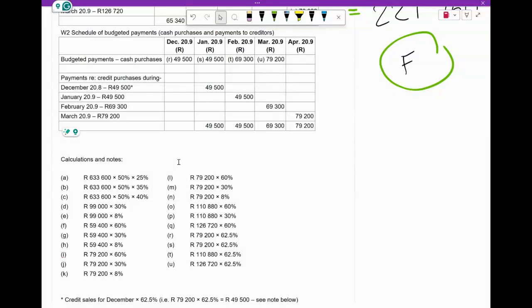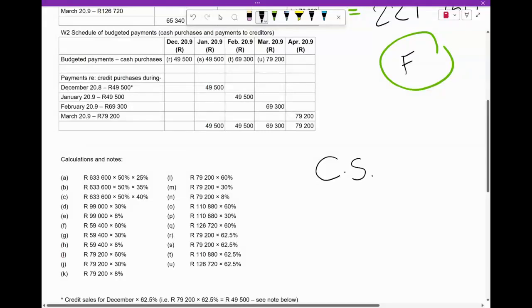So we know that the total sales in December are what? Here they only gave us the credit sales. We want to work out our total purchases.